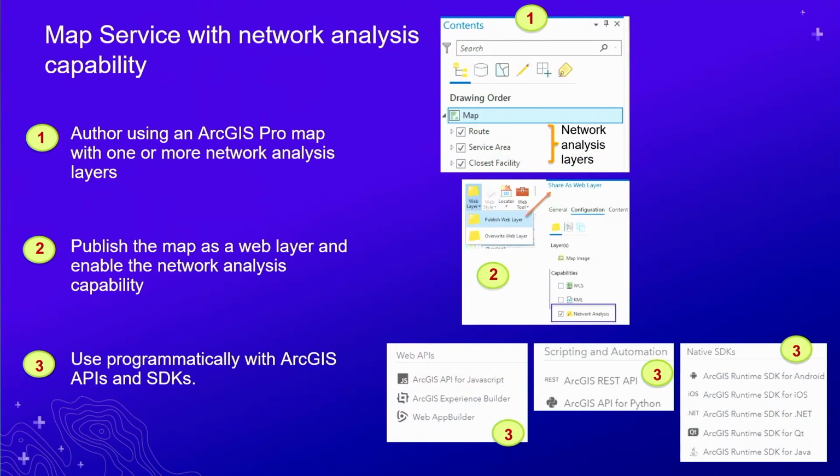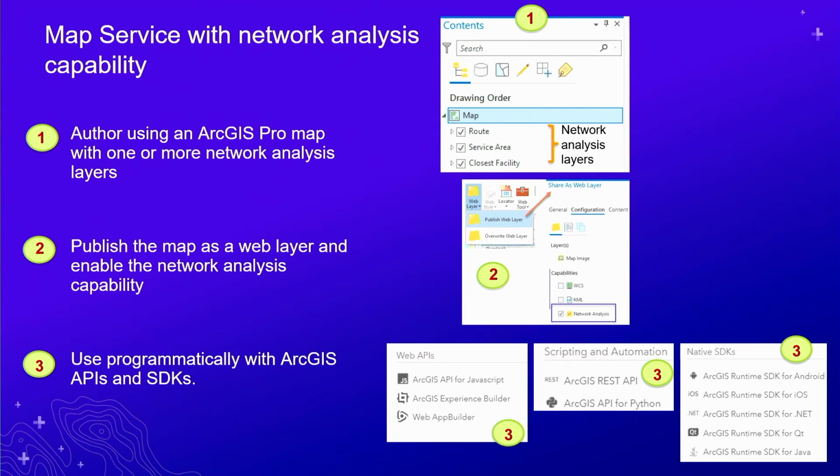The next service type is the map service with network analysis capability. In this case, the GIS resource that you're authoring is an ArcGIS Pro map with 1 or more network analysis layers. In the illustration on the right, you can see I have a Pro map with 3 different network analysis layers. The next step is to take this map and publish it as a web layer. In the process of publishing this as a web layer, I have to make sure I enable the network analysis capability.